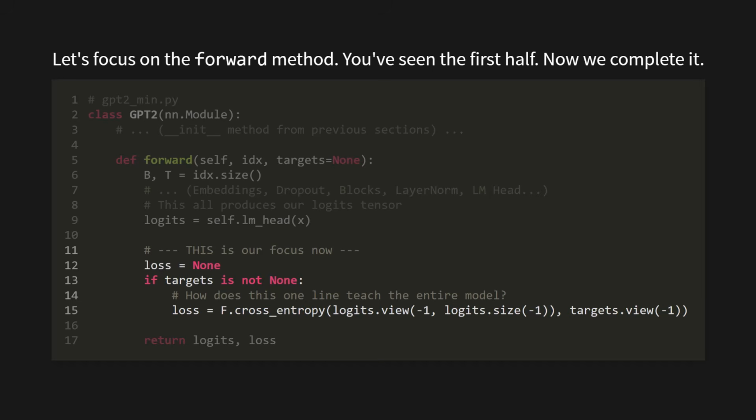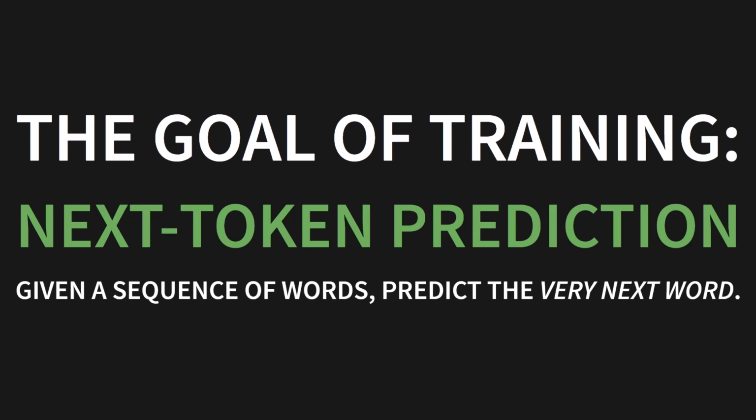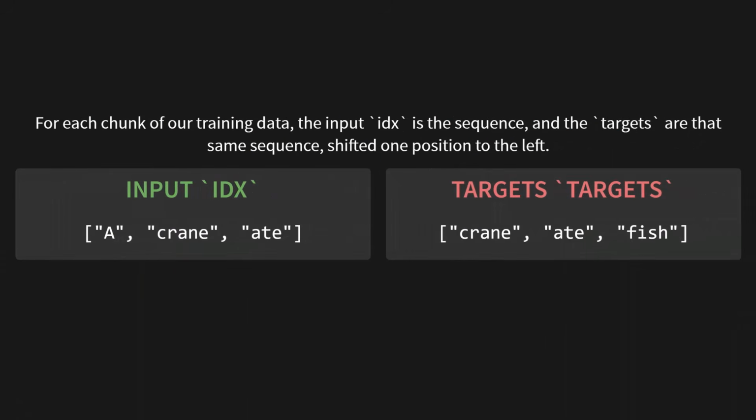Let's find out. The goal of training is beautifully simple. It's called next token prediction. Given a sequence of words, the model's entire job is to predict the very next word. So for each chunk of our training data, the input, idx, is the sequence, and the targets are that same sequence, just shifted one position to the left.